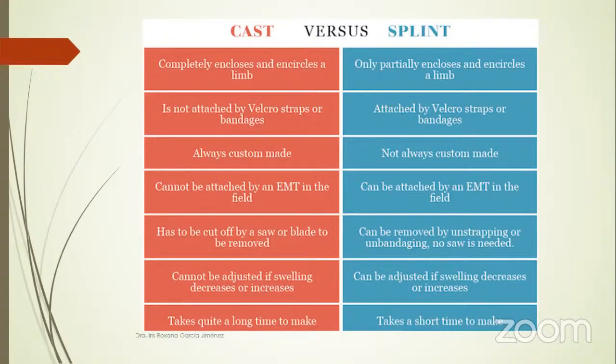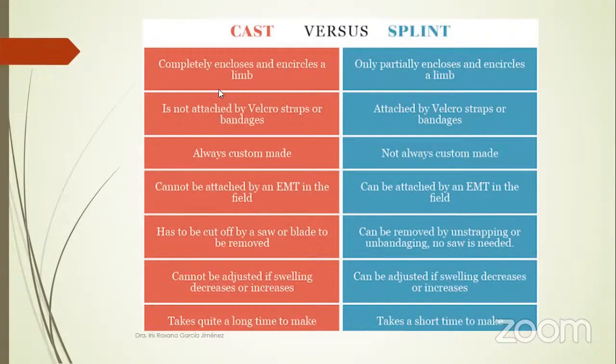When we place a cast, we must consider that it completely encloses and encircles the limb. It has a specific position because it's a specific structure we treat. A splint only partially encloses and encircles a limb.